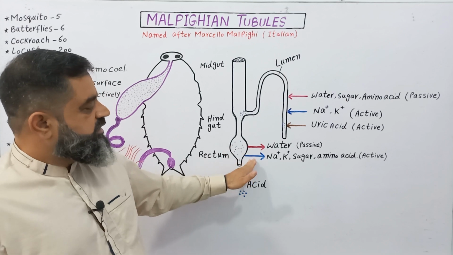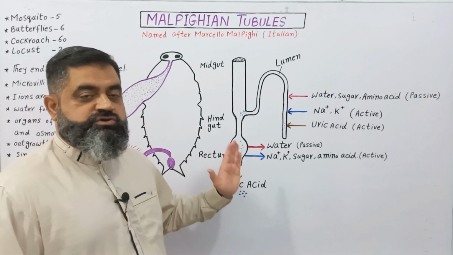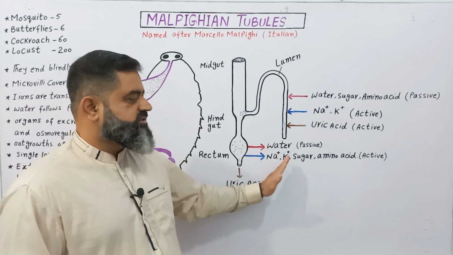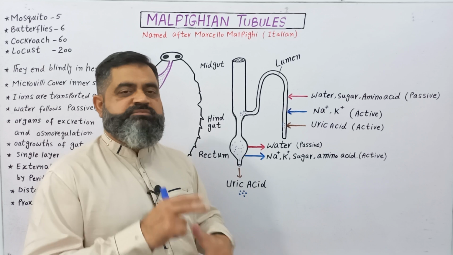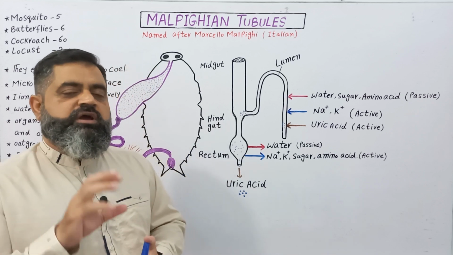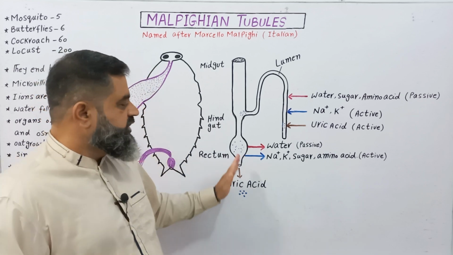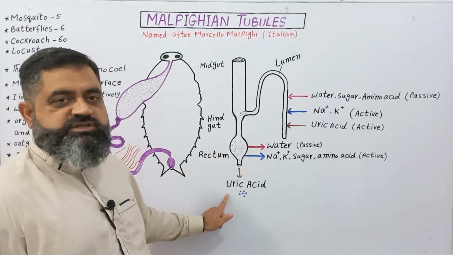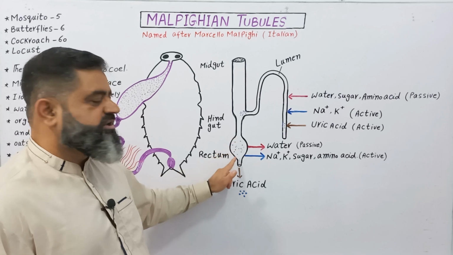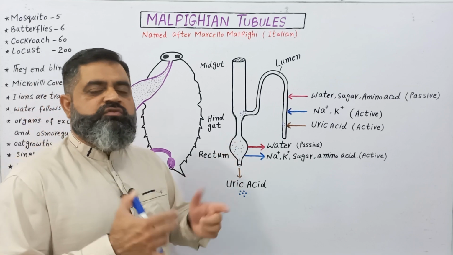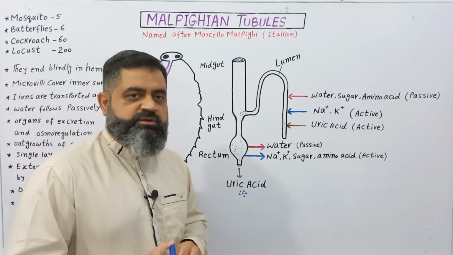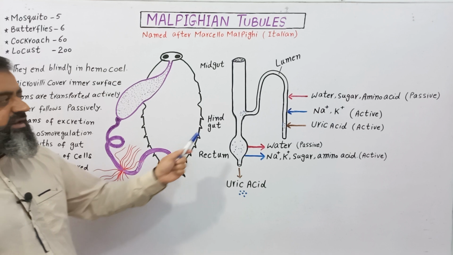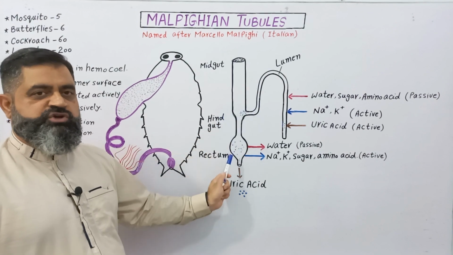So in this way, all the essential parts of the urine, which include water, salts, sugar and amino acid, have been reabsorbed from the urine. Now only left there are waste material, metabolic wastes, which is known as uric acid crystals, which are excreted from the rectum through anus along with the other undigested food material, because undigested food material is coming from the digestive system and excretory product is coming from the Malpighian tubule.